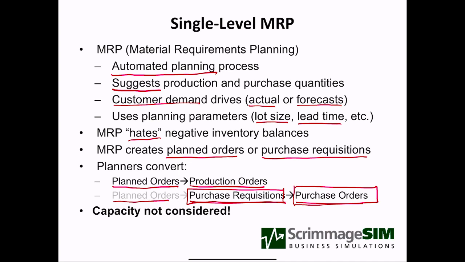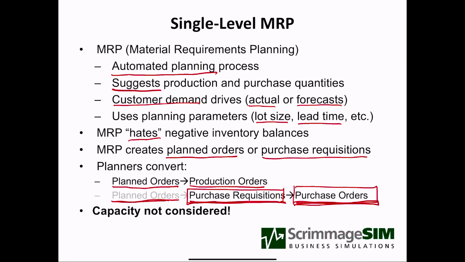So for materials that are purchased, in practice, planned orders are created so that the material planner can make adjustments, combine orders, change quantities, change timing. They will convert that to a purchase requisition, which then authorizes the purchasing personnel to create a purchase order, which is a document that goes external to the company and requests the items to be delivered in a certain quantity and at a certain time.